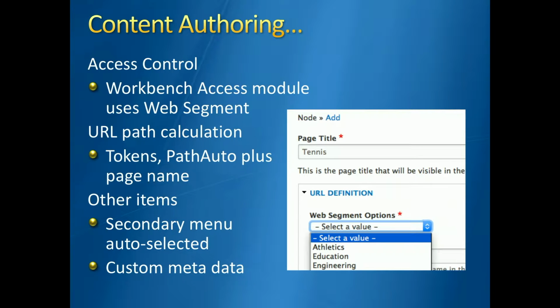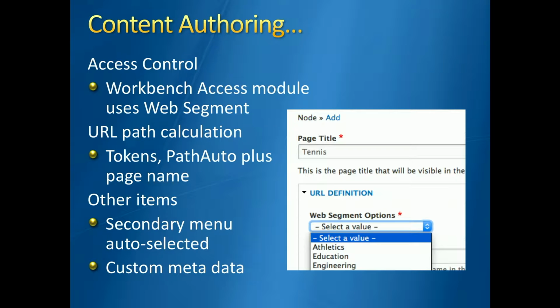They get to change the page title part, but the URL is predefined for them. It also automatically selects the secondary menu that shows up on their site if it's different than the main masthead. And then it also brings along some custom metadata that we had in our taxonomy.